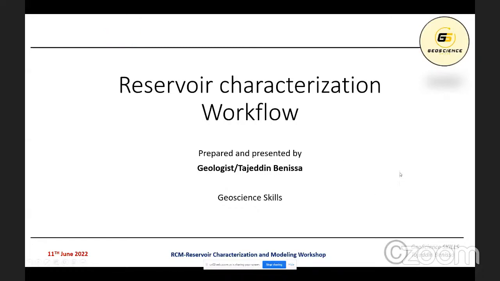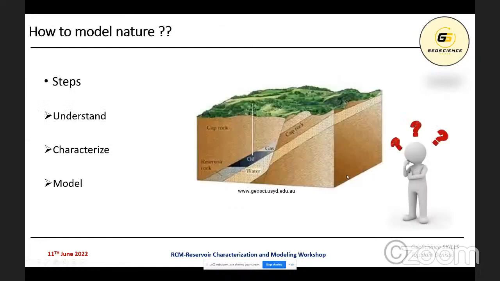Now we come to reservoir characterization and the characterization workflow. I intended to put this slide again just to remind us of the steps, how we can model the complex things in nature, or how we can model nature. We said that we need to simplify to understand nature.